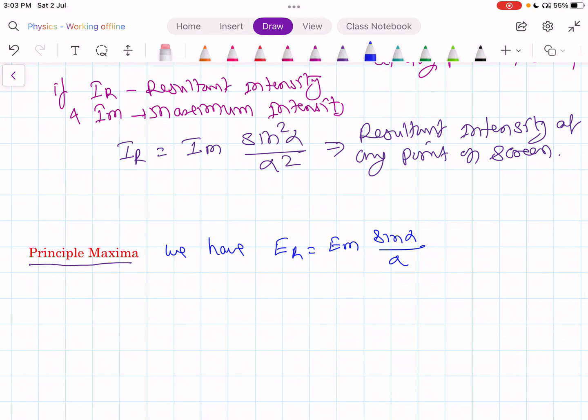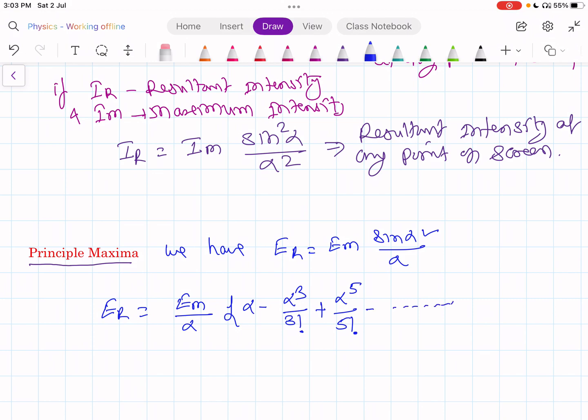Now I want to rewrite this equation of Er as Em upon alpha, and into bracket I want to write the sine series. So sine alpha series is alpha minus alpha cube upon 3 factorial plus alpha raised to 5 upon 5 factorial minus and so on.